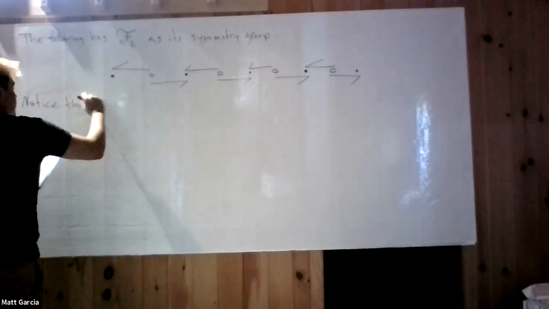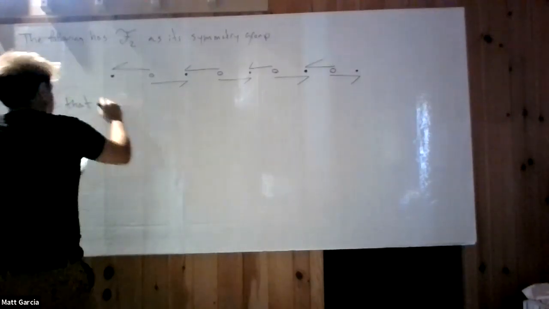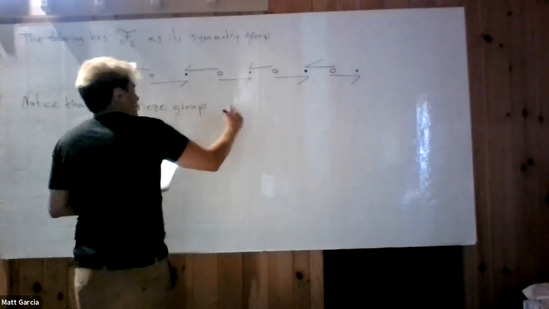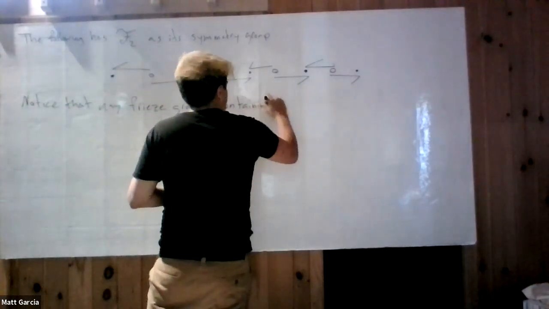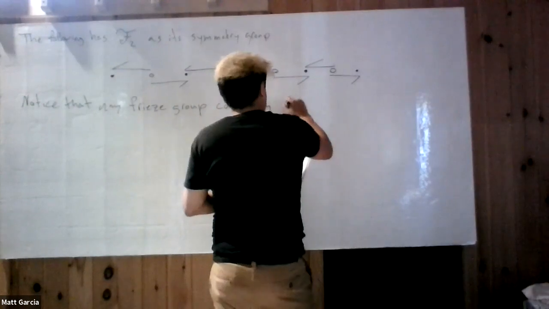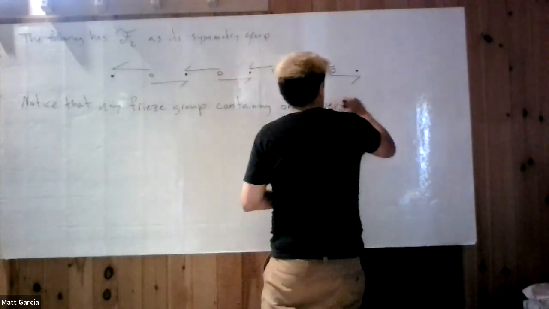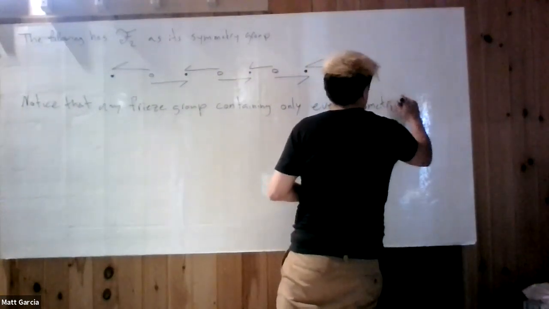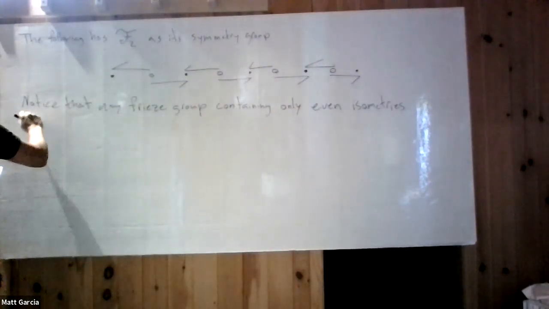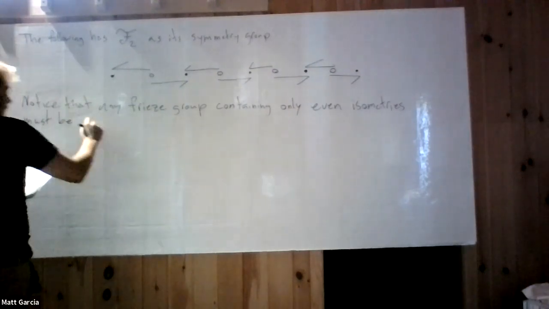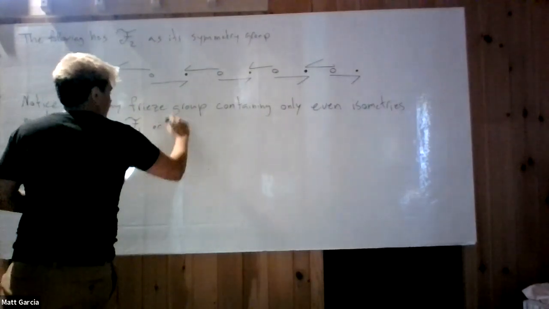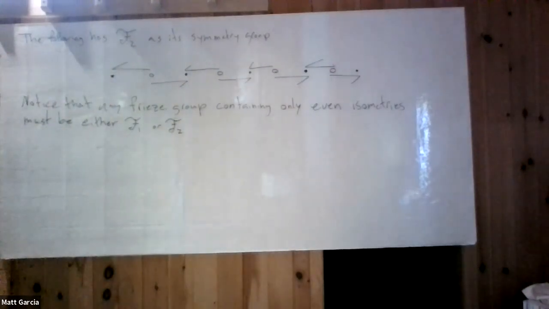Notice that any Frieze group containing only even isometries must be either F1 or F2.